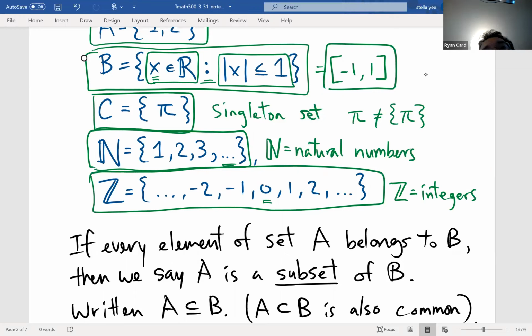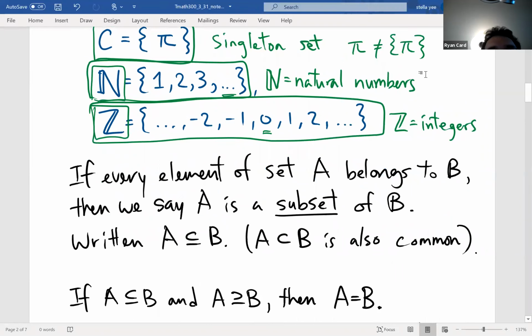And the letter Z is used, I think, because the German word for integers involves Z. By the way, the font that I'm using when I write these is called Blackboard font. When you're typing, if this font is not available in your word processor, you could just use bolded N or bolded Z, and that's close enough. Okay.